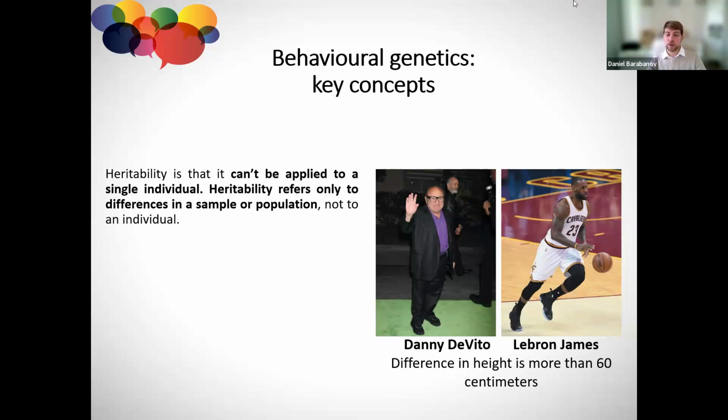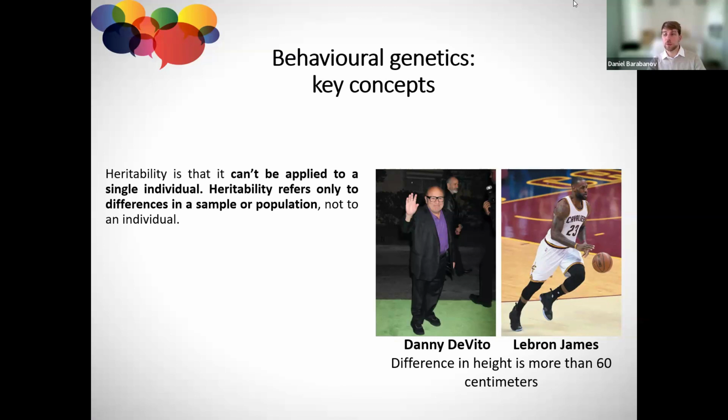For example, on the screen, you can see an obvious difference in height between the famous actor Danny DeVito and the famous basketball player LeBron James. They have more than 60 centimeters of height difference. So why does it happen? It's hard to determine.